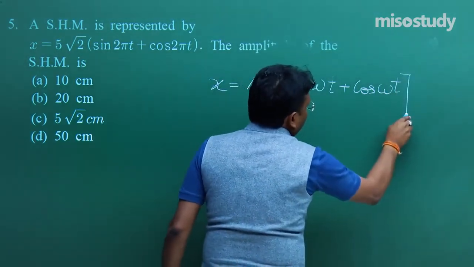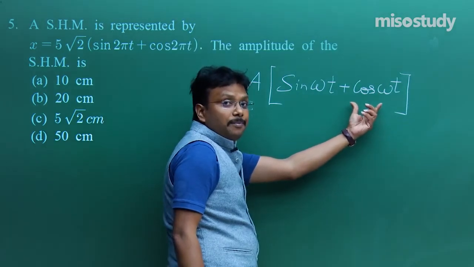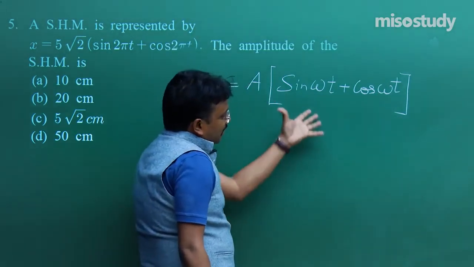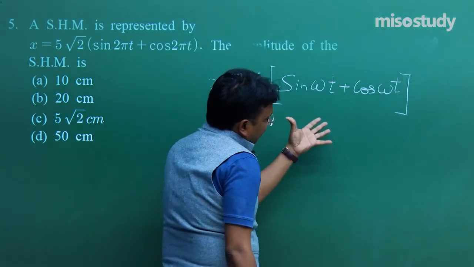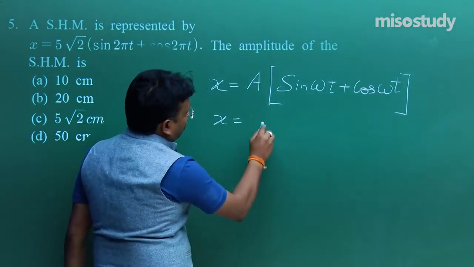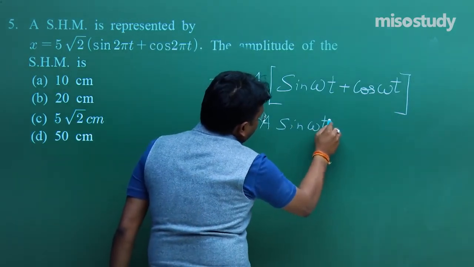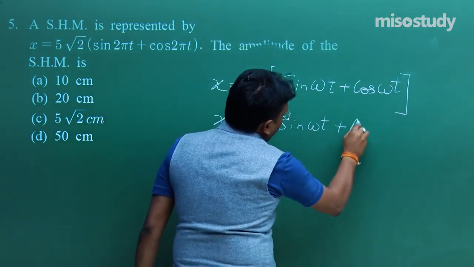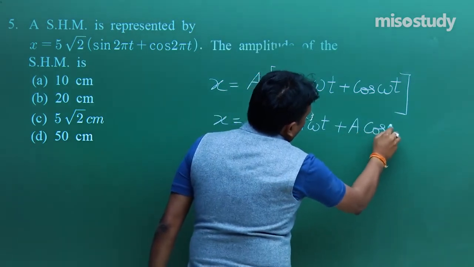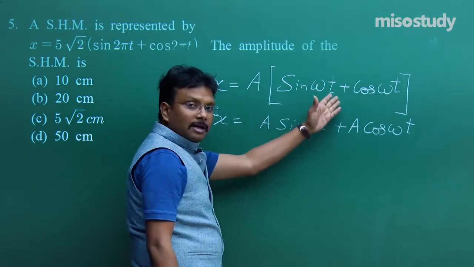It means, now what to do with this term? It is not simply a phase difference. So definitely we have to do something different. And what is that? Okay, x is equal to a sine omega t plus a cos omega t, just multiplied.